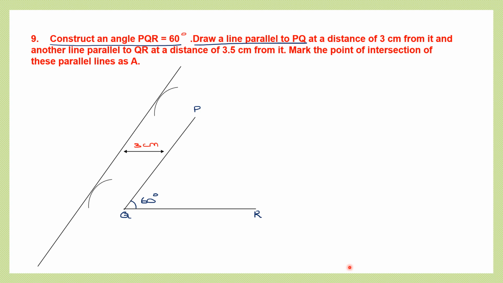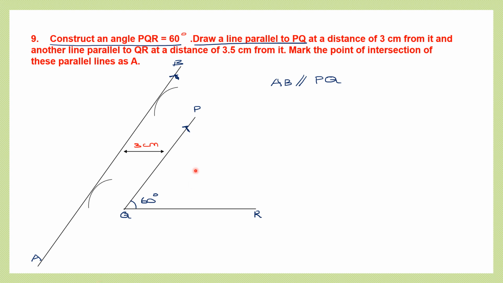Let's name it AB. So AB is parallel to PQ. Let's mark that. AB is parallel to PQ. So we've finished drawing that, and that is 3 centimeters as you can see.